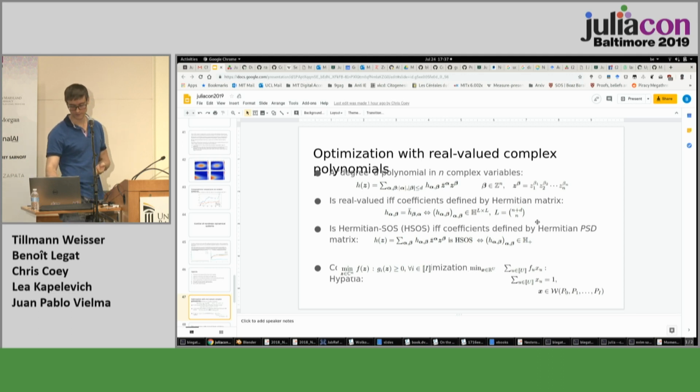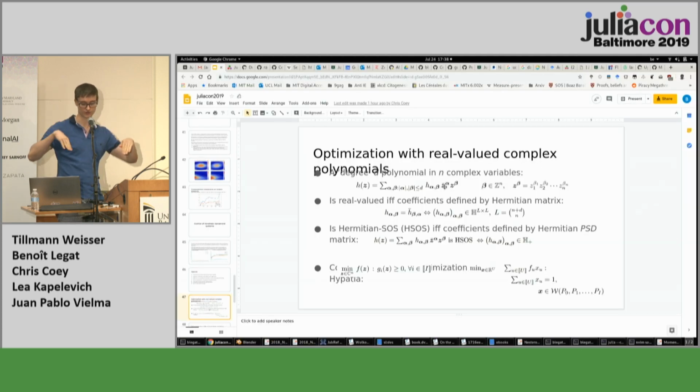And so what we see is we're summing over all alpha and beta vectors for which the components sum to less than or equal to d. So all monomials, vectors with total degree less than or equal to d. H, the coefficient, which is complex, times the conjugate of z to the alpha, which is just the conjugate going through to all the little guys, times z to the beta.